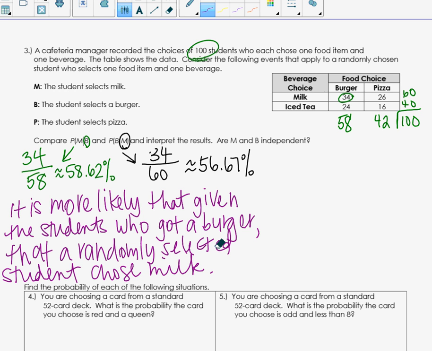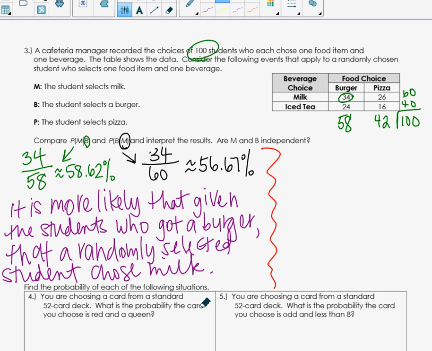Yikes, that's horrendous handwriting, but sorry. Cool. Rather than out of the students that you know chose milk, that a randomly selected student got a burger. Okay. All right. So again, it's just really taking a look at the sample space and seeing what's more likely.